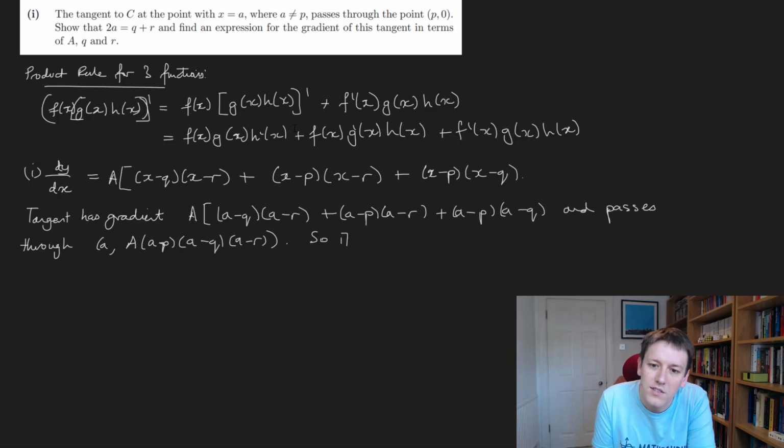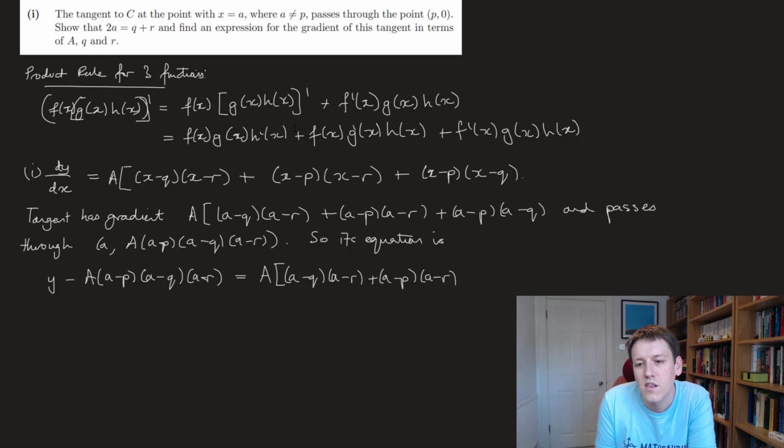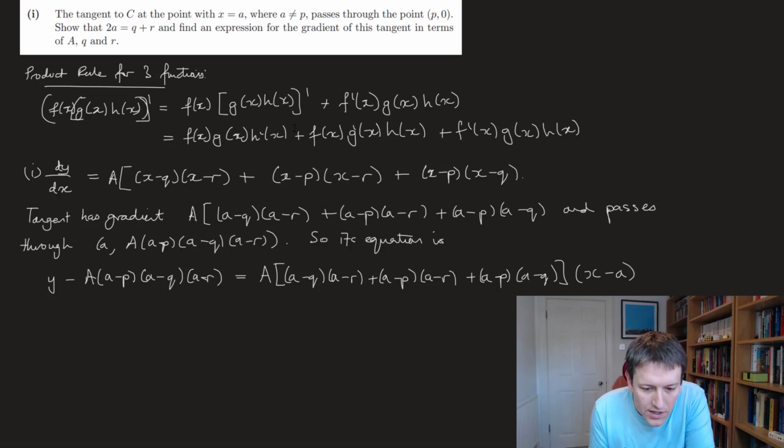So its equation is, again, I'll just write down y minus y1 is equal to the gradient, which is now this expression that we've just written down, times x minus x1, so that's x minus a, right?